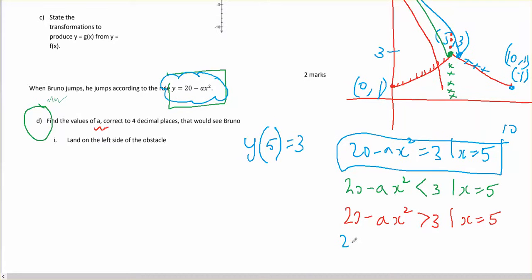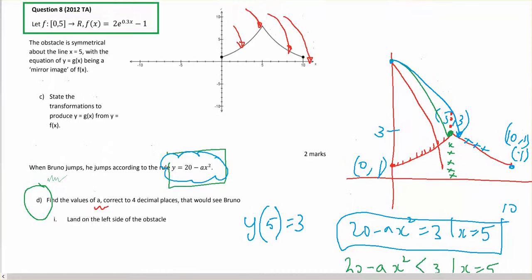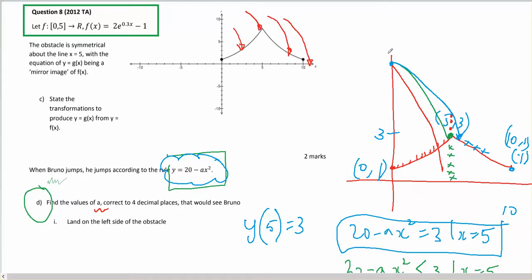Now if I do 20 minus ax squared equals 1 given x equals 10 and solve for A, that will give me the A value when Bruno jumps and lands there.